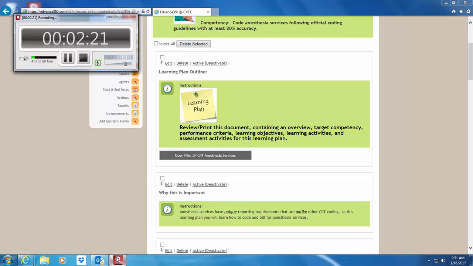Now again, these 00 codes represent the anesthesiologist or certified registered nurse anesthetist services. So each of those codes are going to include a charge with them. Additionally, anesthesia can charge for the time that they spent with the patient.